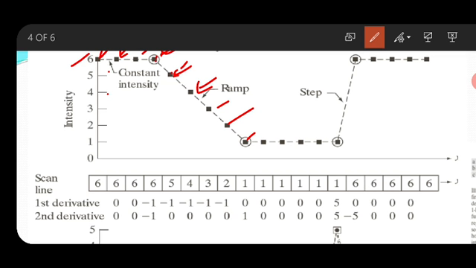When the intensity changes, it goes either a positive ramp or a negative ramp. If the intensity is increasing, it is a positive ramp. If it is decreasing, it is a negative ramp, depending on the pixel values. I hope these pixels are clear for you. This will be 6, 6, 6 like this.